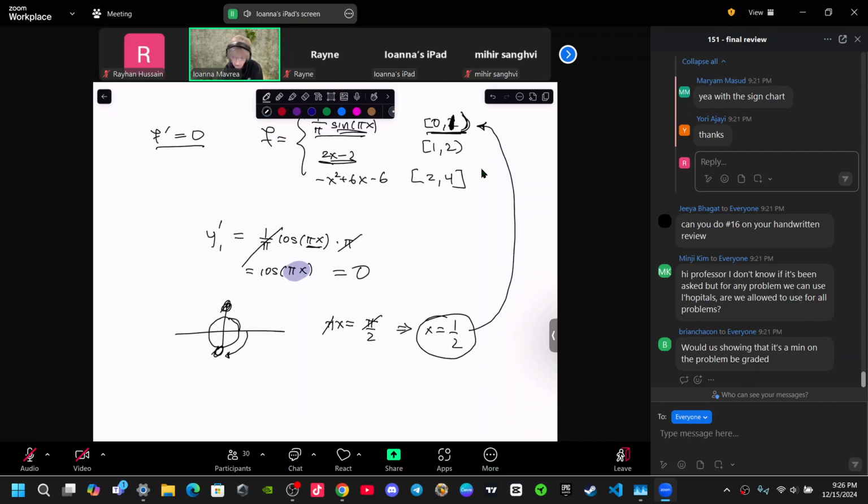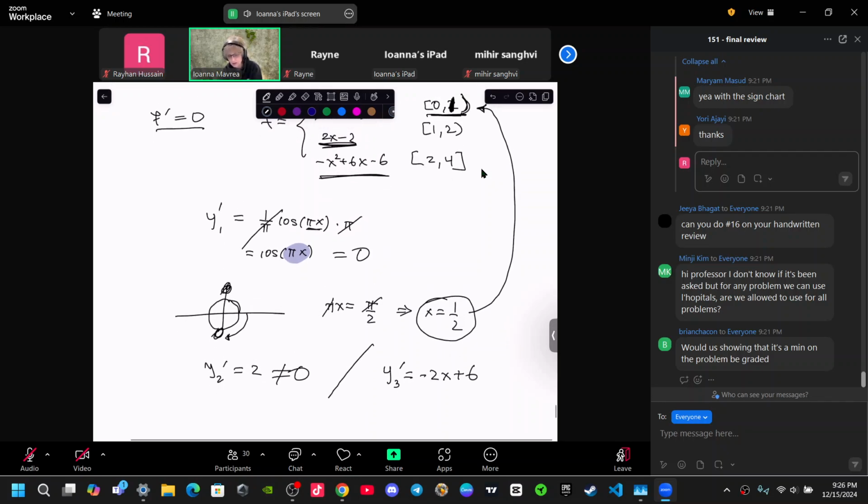Now you take the second derivative. The second derivative is equal to 2. Well, that's never 0, so there's no critical point to worry about. Then you take the third piece and take its derivative. That derivative is equal to negative 2x plus 6. You need to see, is that 0 for any of those x's? These x's, not any other x's.